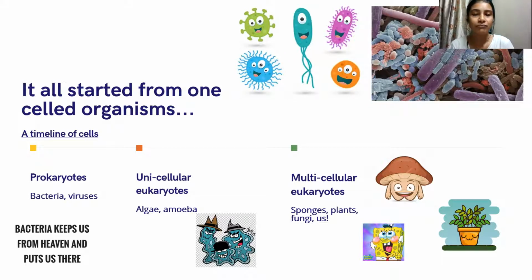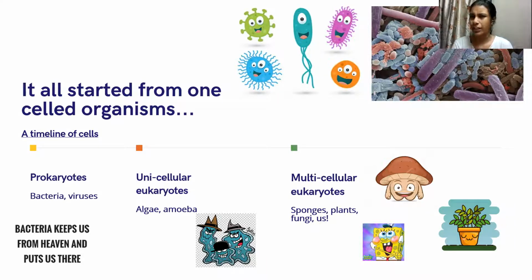Next, these cells started to aggregate themselves, started division of labor, forming tissues and organ systems, and formed multicellular eukaryotes. So prokaryotes evolved into unicellular eukaryotes, and unicellular eukaryotes evolved into multicellular eukaryotes, where we, sponges, plants, fungi, and all different types of advanced animals are present.